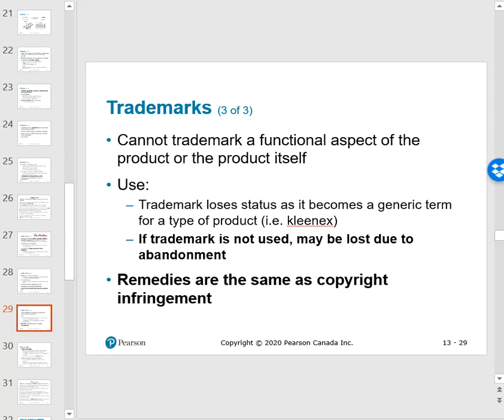And you may lose your trademark if you abandon it, if you are not active in business. So let's say you came up with a business idea and then you created your logo, you registered your logo, because trademarks have to be registered. Protection is not automatic.